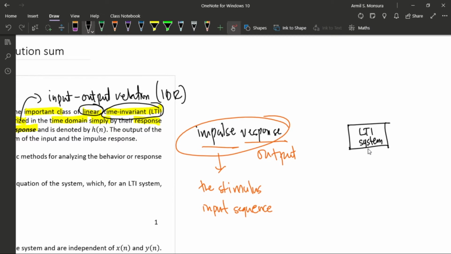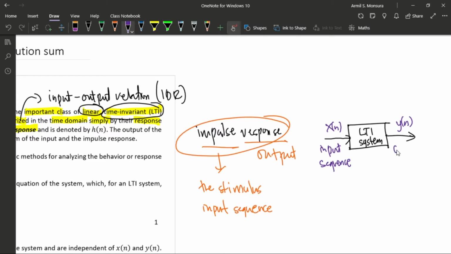as a block, there is an arrow going into the block that represents the input signal or the input sequence, x of n. And an arrow representing the sequence that is coming out of the system, which means that is an output of the system.